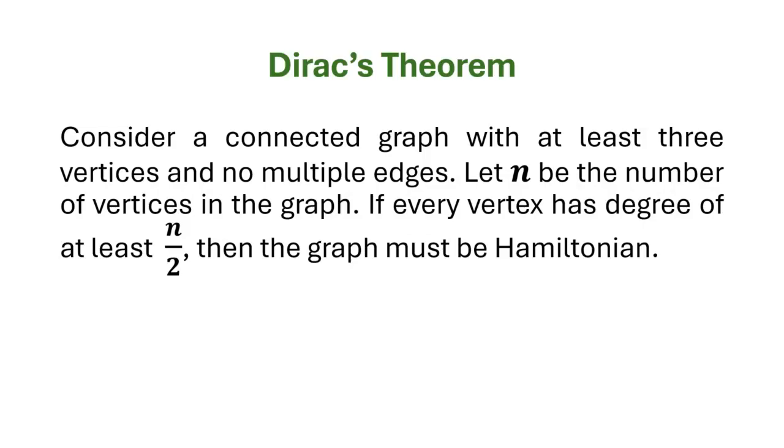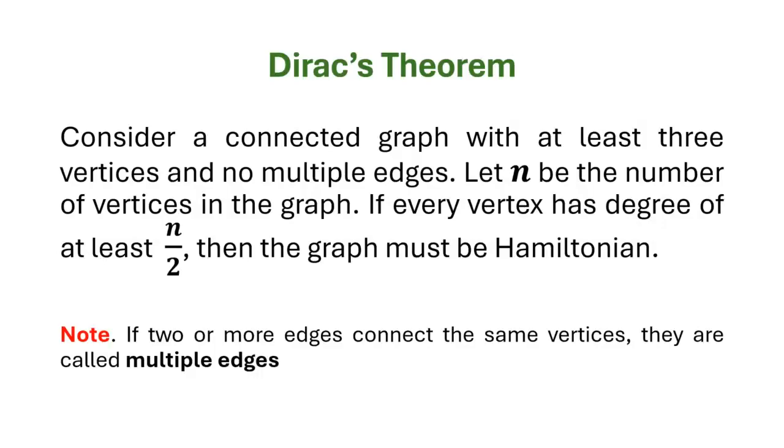So my variable is going to be n, and it represents the total number of vertices. If every vertex has a degree of at least n over 2, then the graph must be Hamiltonian, which means if you want to find one of these Hamiltonian paths or circuits, you need to check that the degree of each vertex is at least n divided by 2.